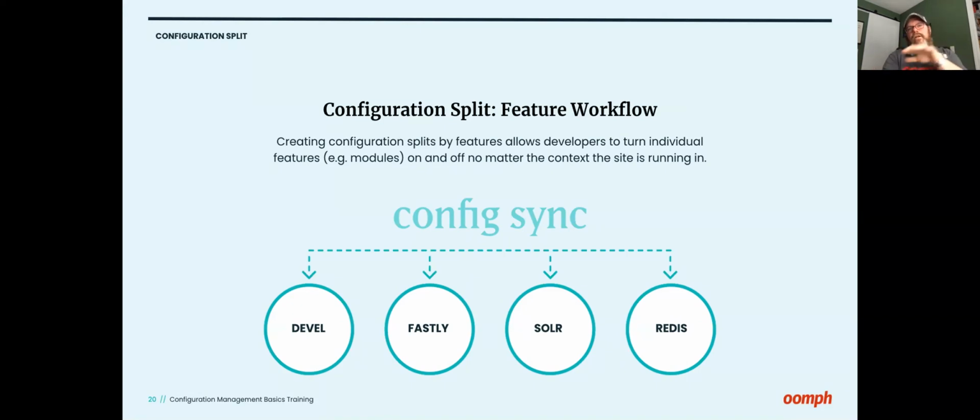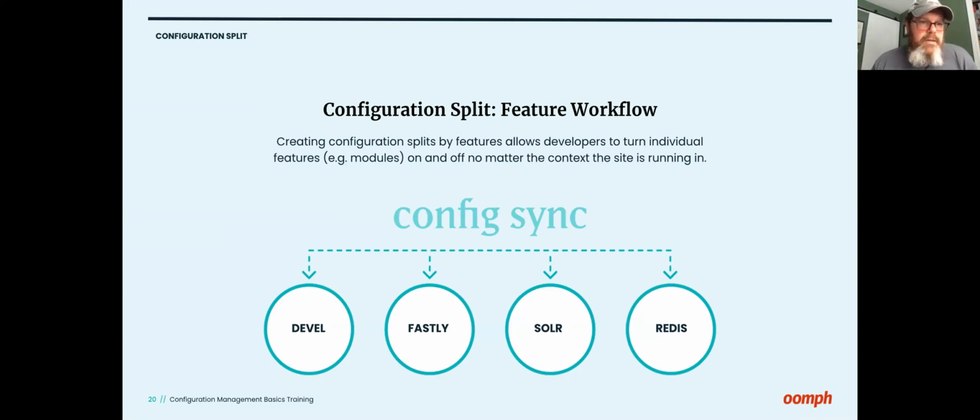But essentially, you can layer these on top of each other. So, for example, if you didn't want Solr or Fastly to load for your dev environment, you could say, hey, load the Devel split, and then leave the Fastly and Solr splits off until you get to your production environment.